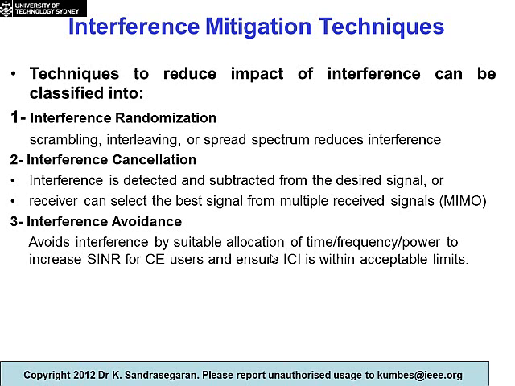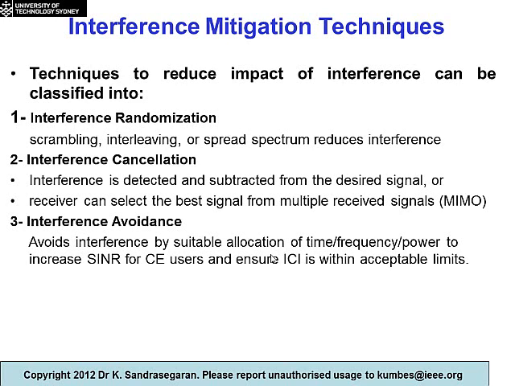Another technique we use is interference cancellation. This is where we detect a certain amount of interference and we subtract that interference from the desired signal. Or the other possibility is, in the case that we use MIMO, where we have multiple antennas, we can select the best signal from multiple received signals.